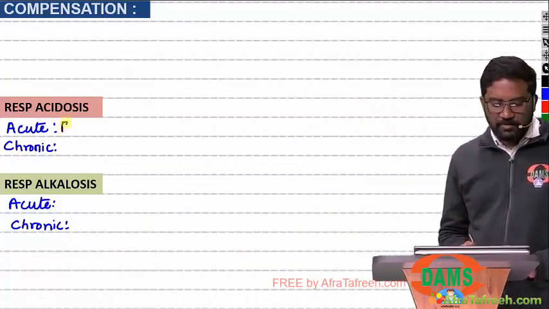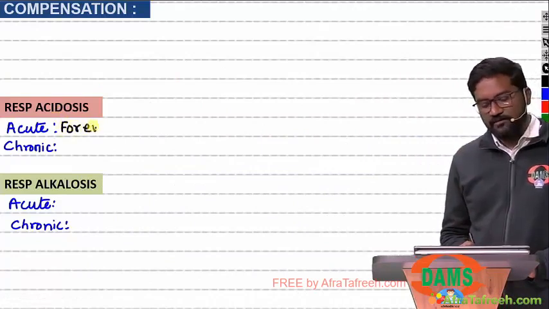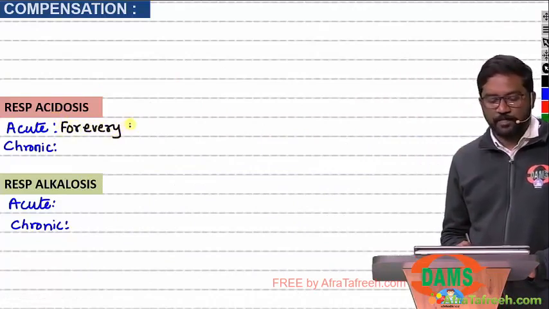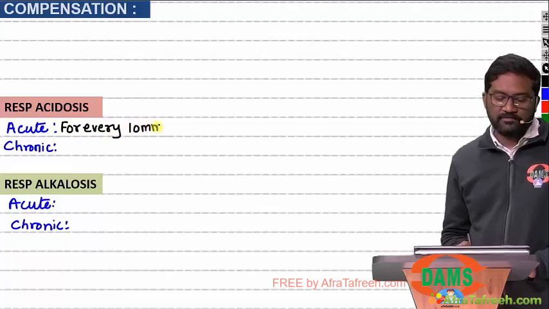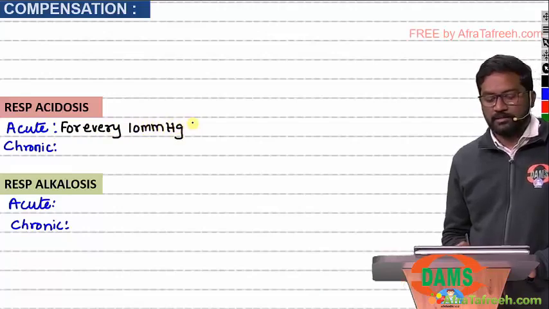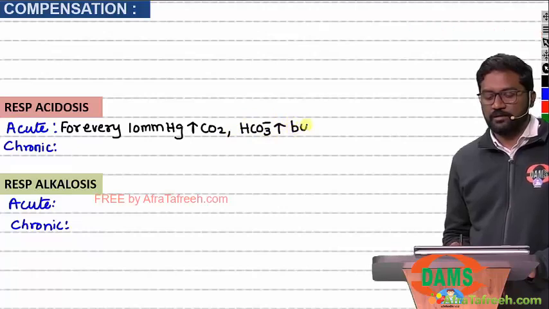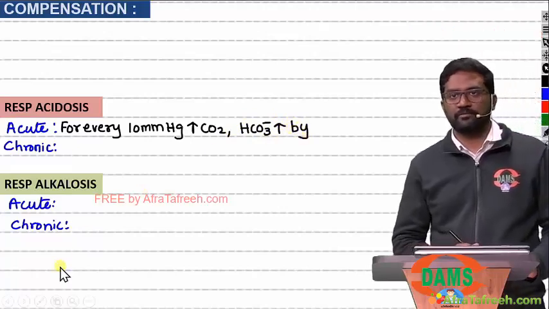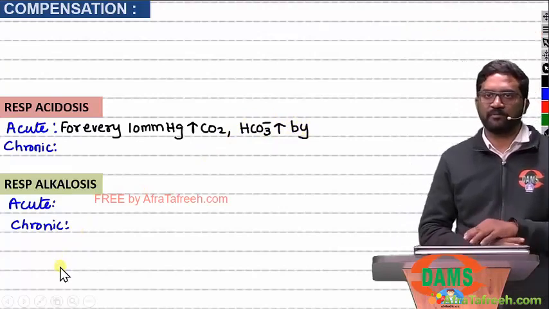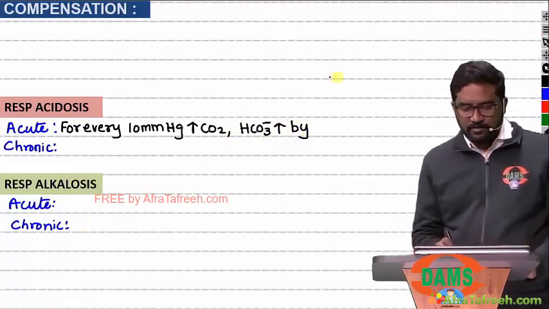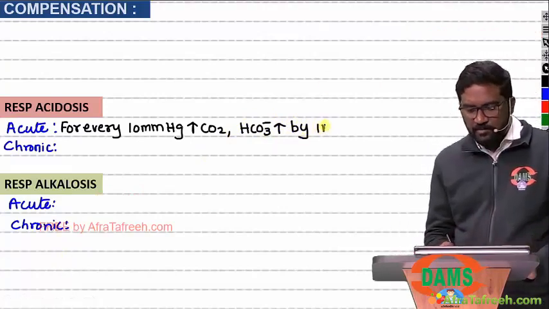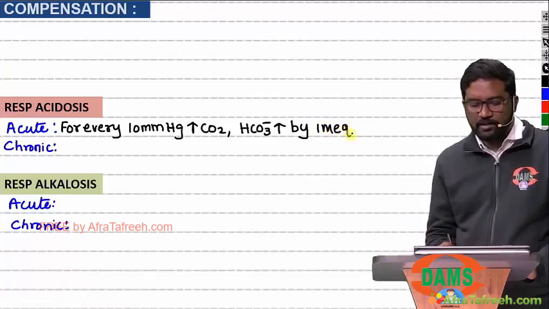In acute respiratory acidosis, for every 10 mm Hg increase in CO2, bicarbonate should increase by, now this is an acute event, still your kidney is not ready, so it will only increase by 1 milliequivalent.